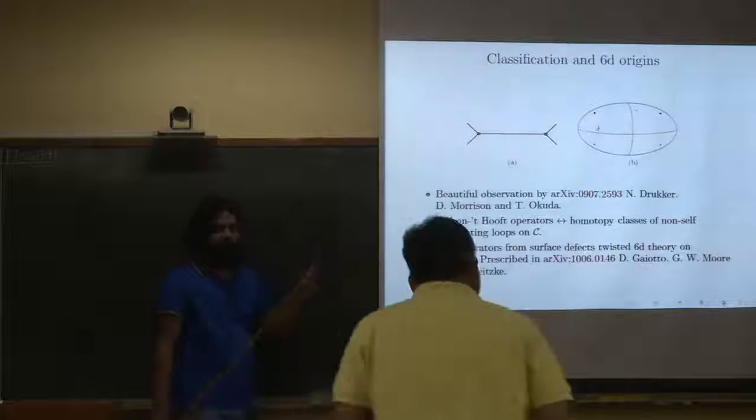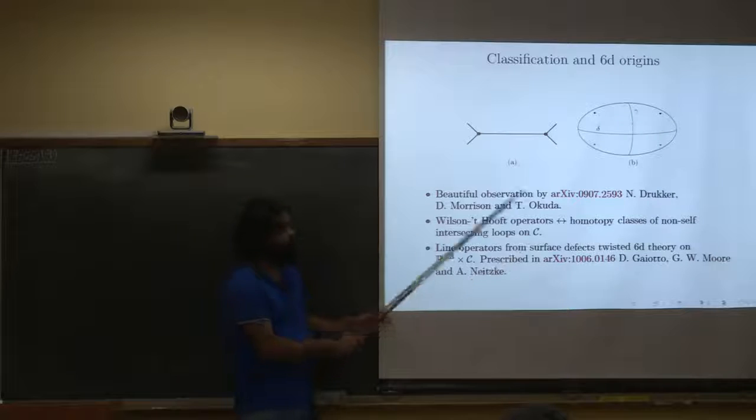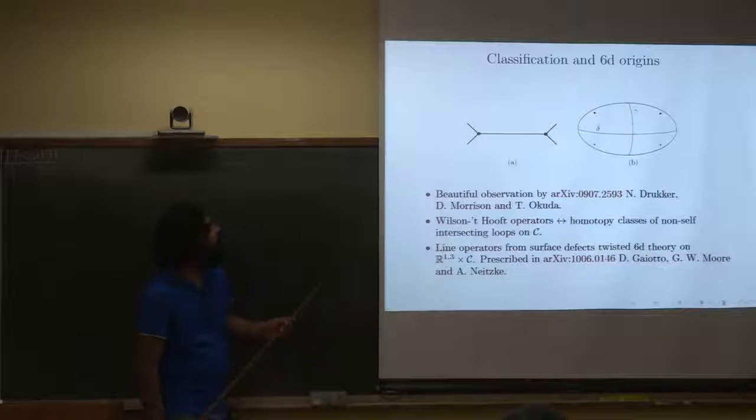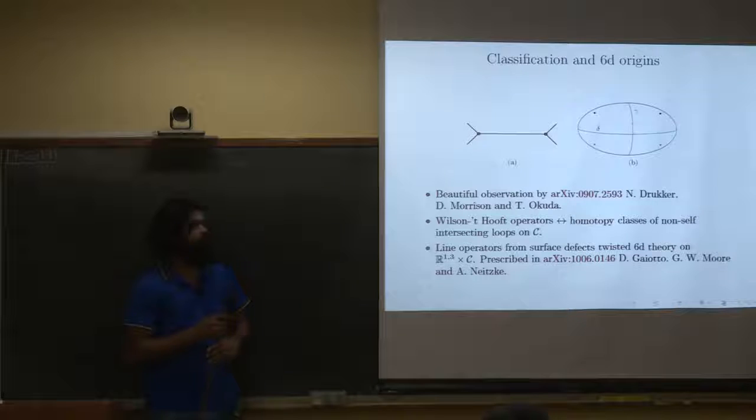For higher rank theories, it's conjectured, it's hoped, but still not proven that this classification holds for all ranks. So that's one thing we can test using holography, because we work in the large N limit, so we are working with higher rank gauge theories.